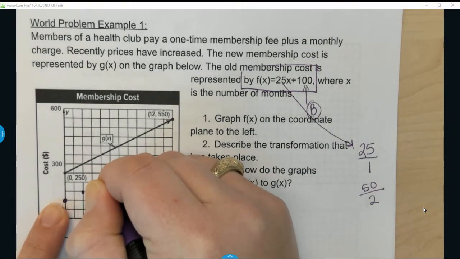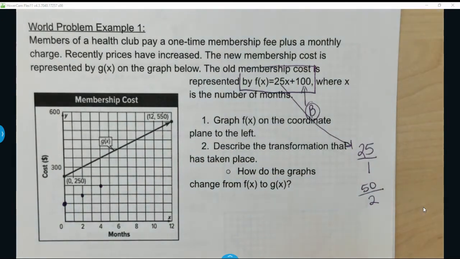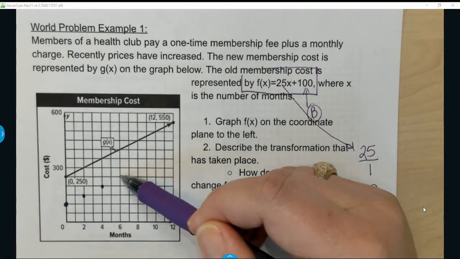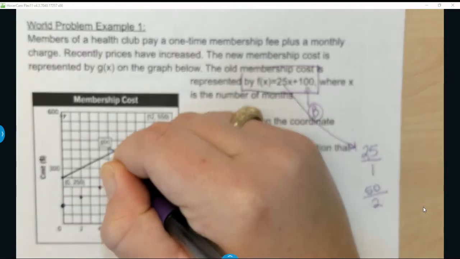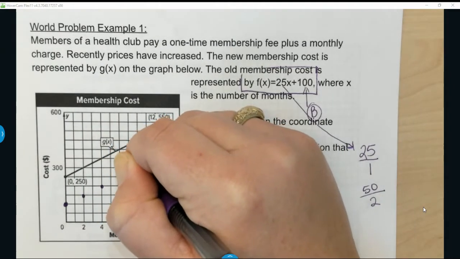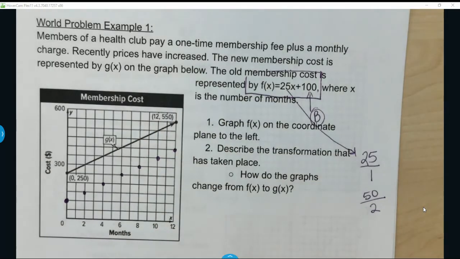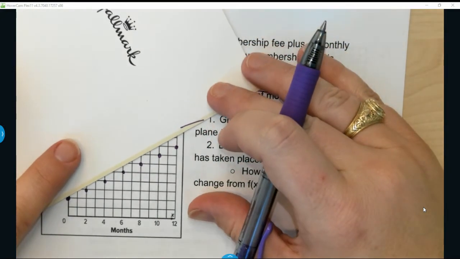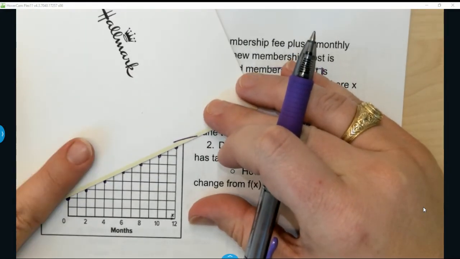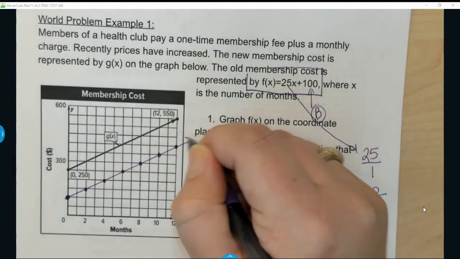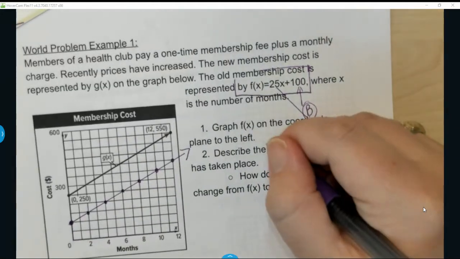Up 50 over 2. I'm just going to continue it out. Connect my points. Okay, so we graphed it.